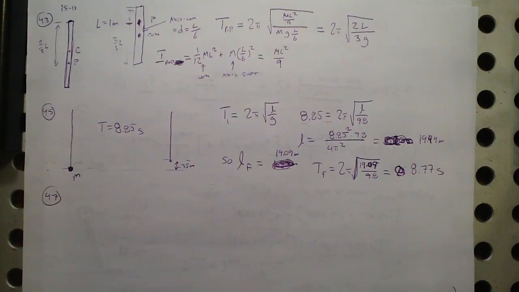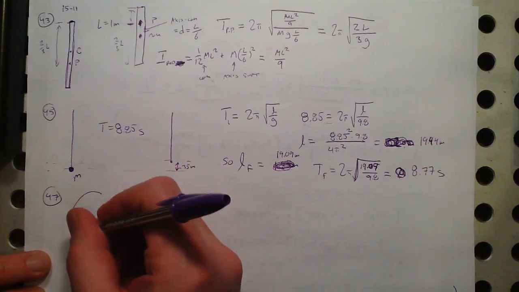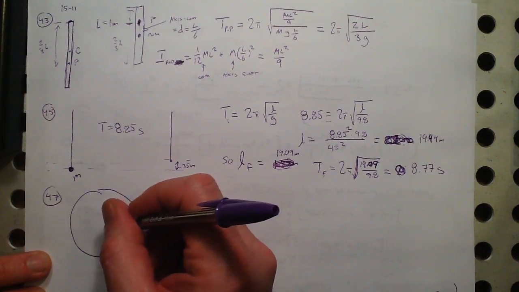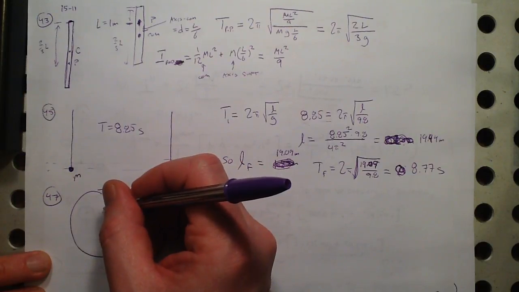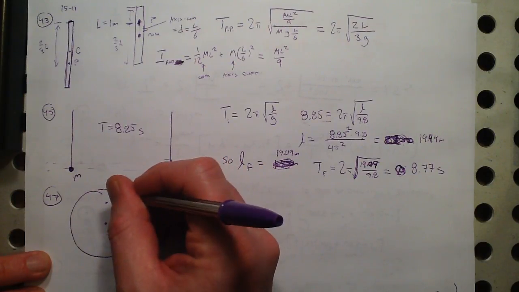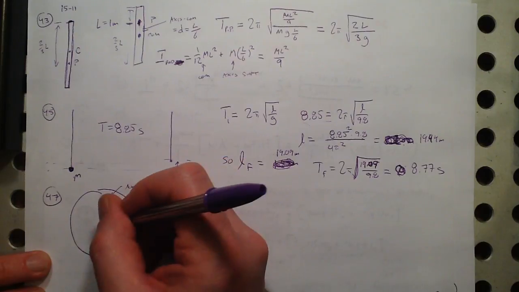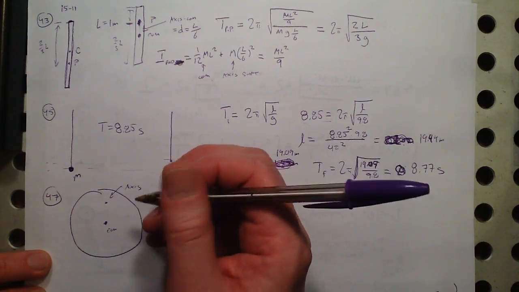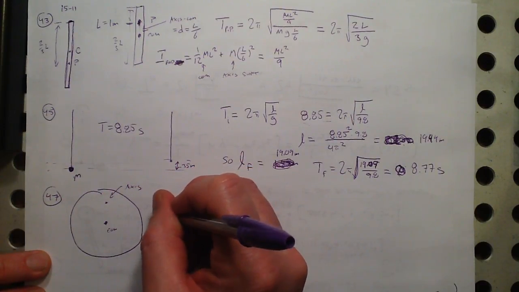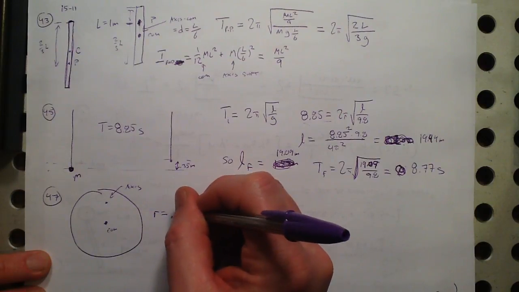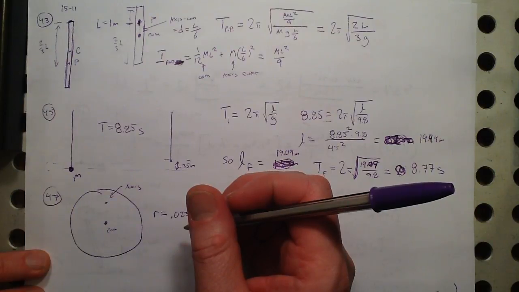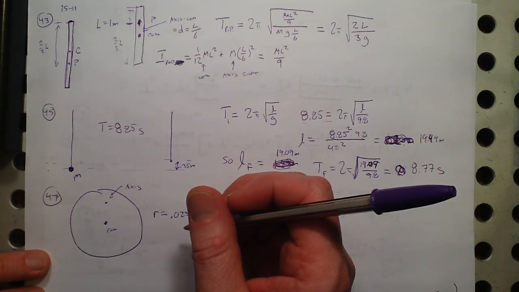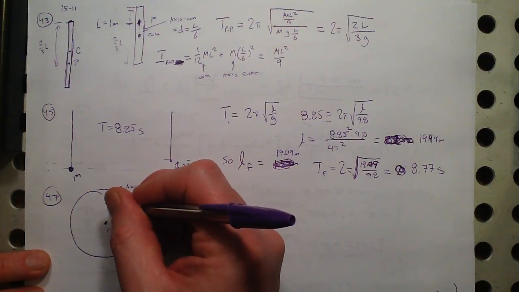And last one from this set. Here's a classic physical pendulum problem. We've got a uniform disk, there's a center of mass, and we've got an axis here. The radius of this thing is 0.0235 meters, and the pivot is located 1.75 meters from the center of the disk.